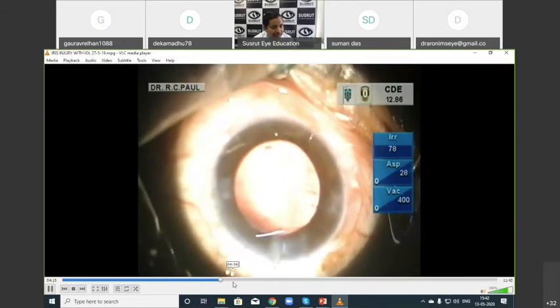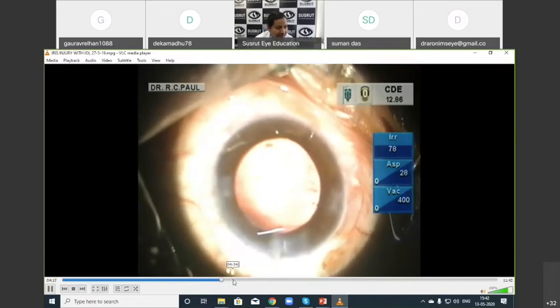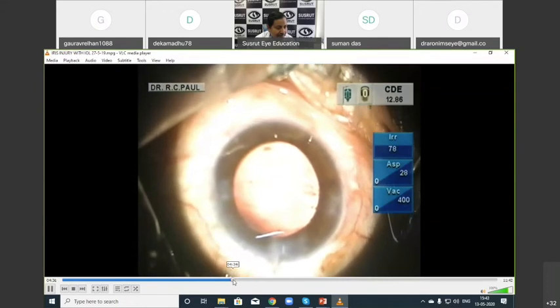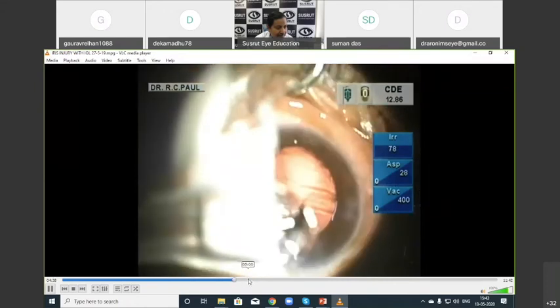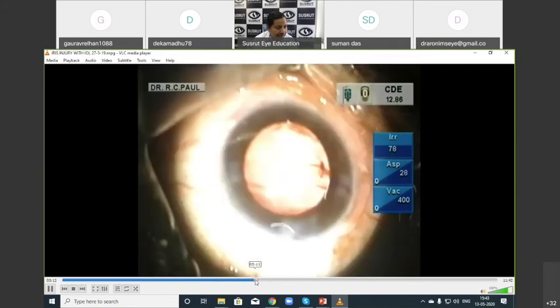There is some problem in the IOL loading. It's a new IOL.